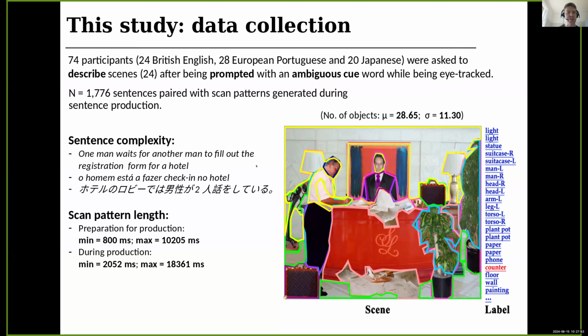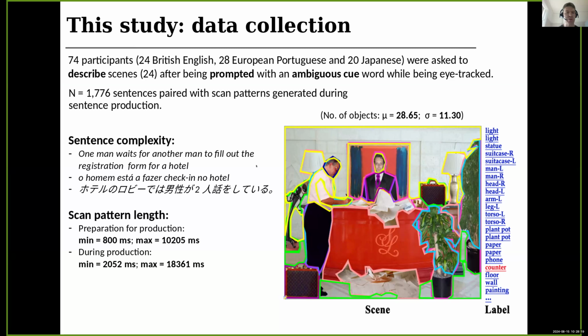Some interesting observations. So sentence complexity can differ quite a lot. In particular, we saw that in Portuguese, people produced longer sentences. It's not quite clear how and why, but that's the case. Scan pattern length also differed. So we have a preparation phase where people just view the image and they don't say anything yet.